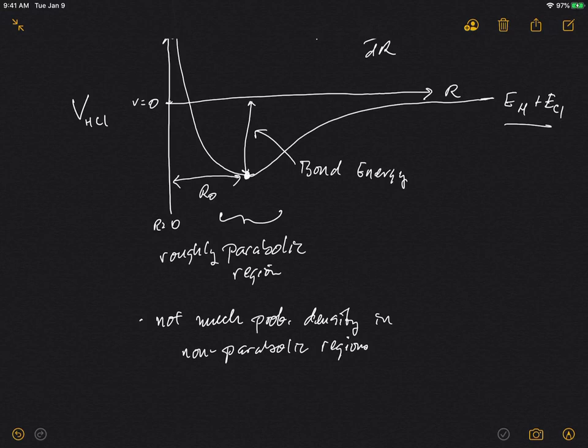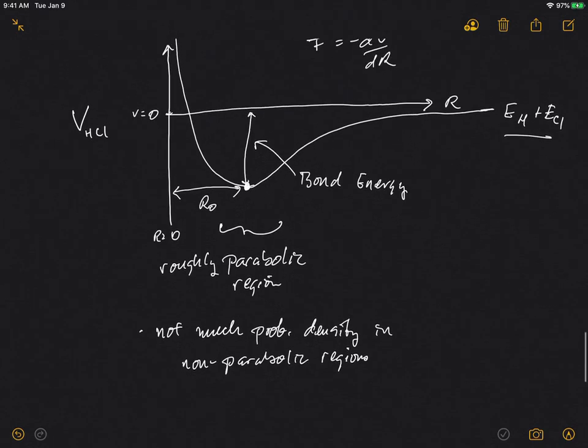This harmonic oscillator is pretty good at room temperature for dealing with room temperature vibrations. It's not going to give us things like bond energy and bond length. We need a higher level model to deal with that.